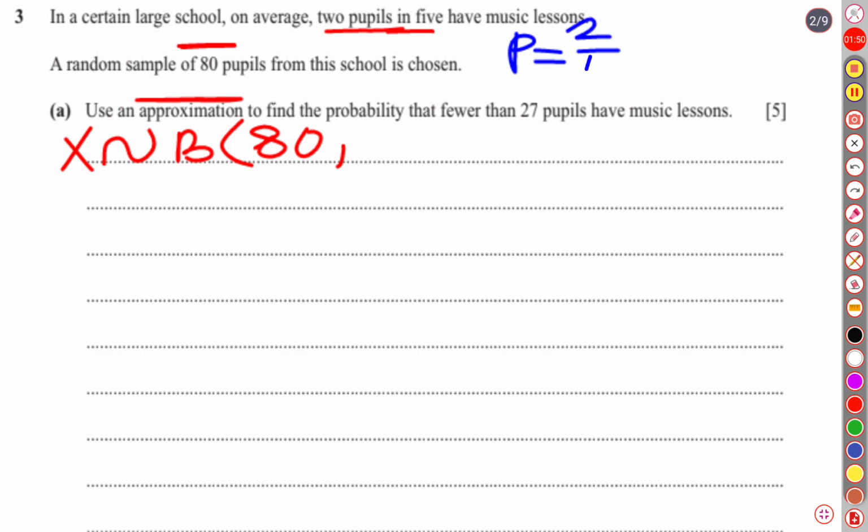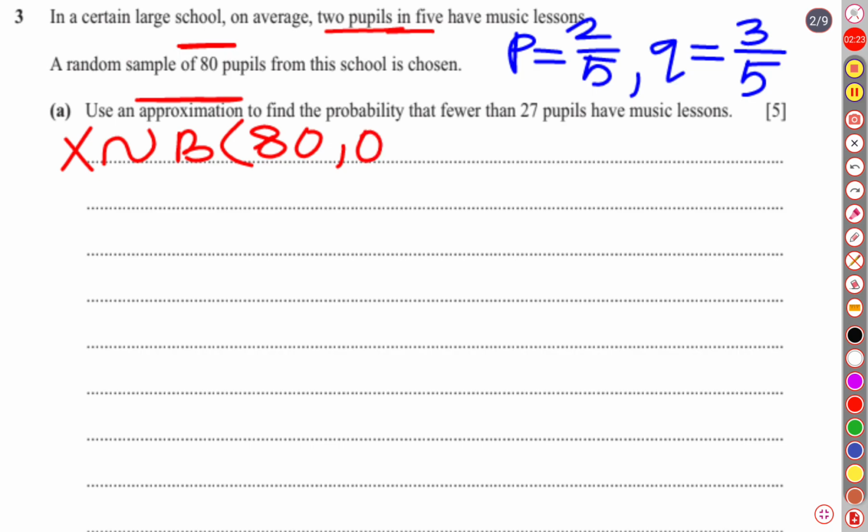So what is going to be the failure in each case is q, which is equal to 3 over 5. So if the probability of music class is 2 over 5, then the probability of not having music class is 3 over 5. So our p is 2 over 5, and 2 over 5 can be written as 0.4.